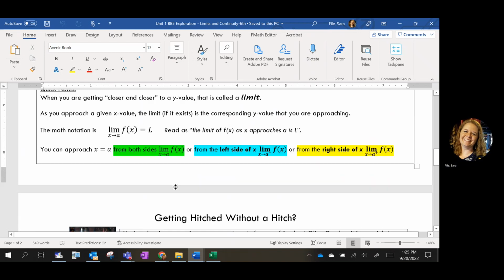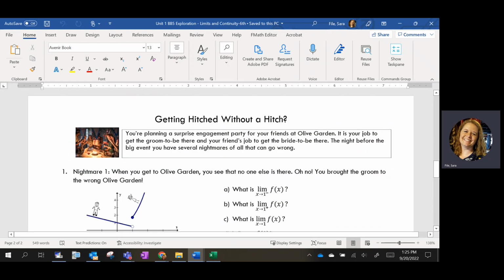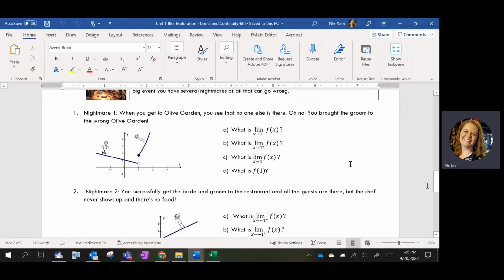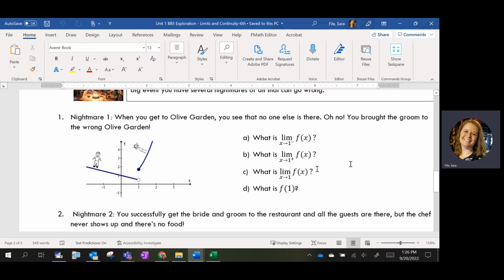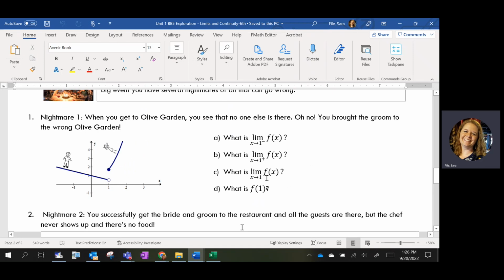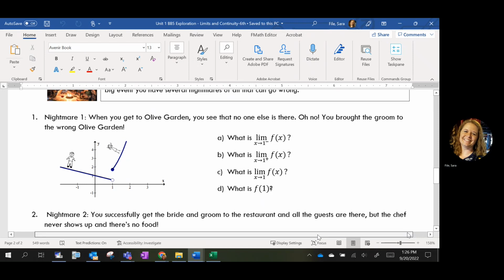On the back was this scenario about getting hitched and meeting at Olive Garden. The bride and groom are trying to meet. The scenario doesn't really matter, but let's look through these and make sure that you answered these correctly. You can change things if you need to, or add if you left it blank.